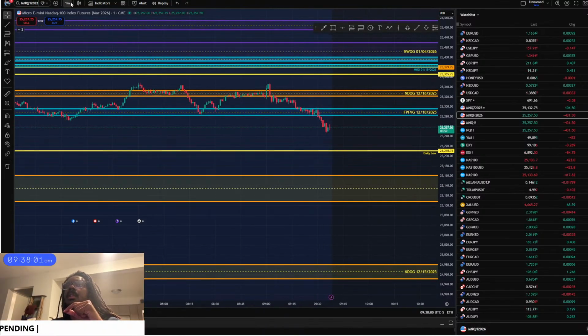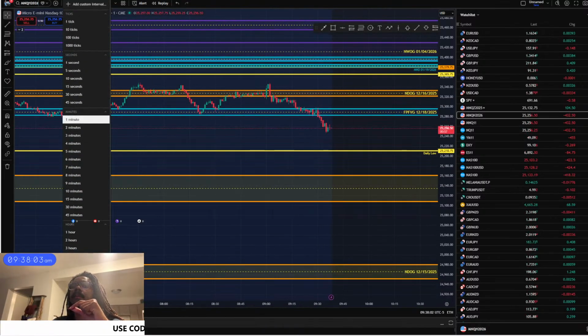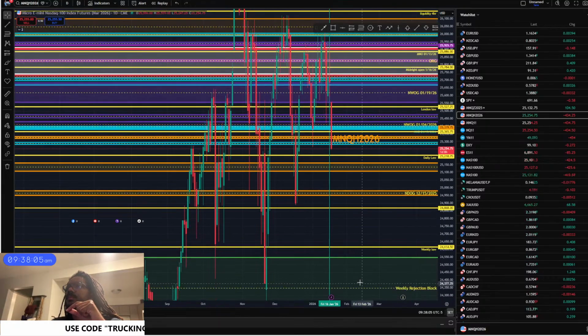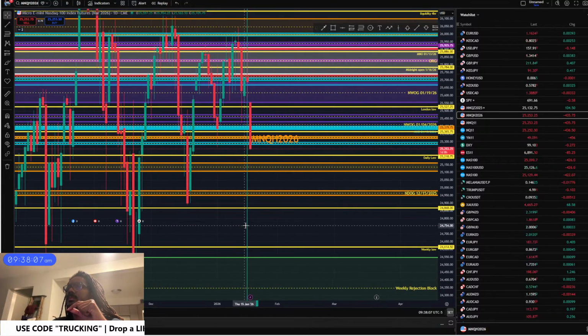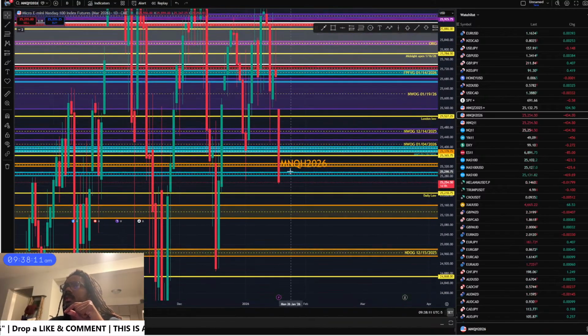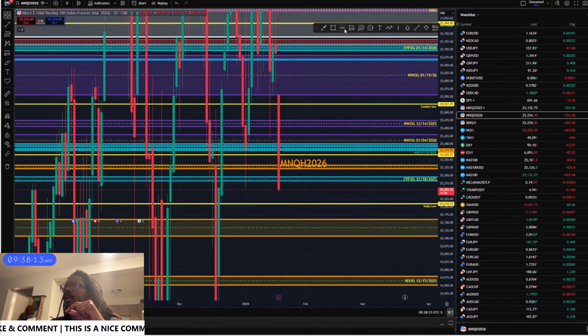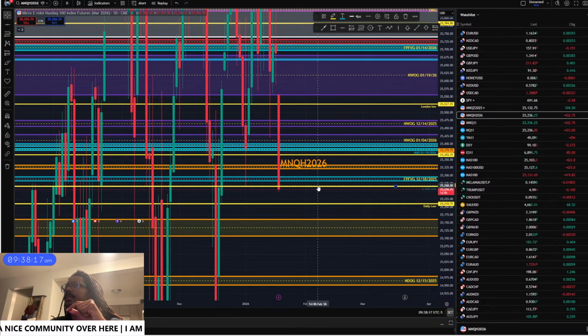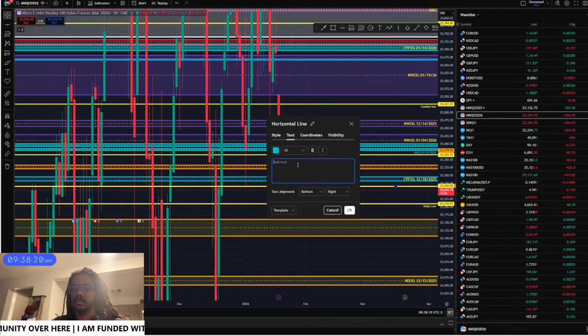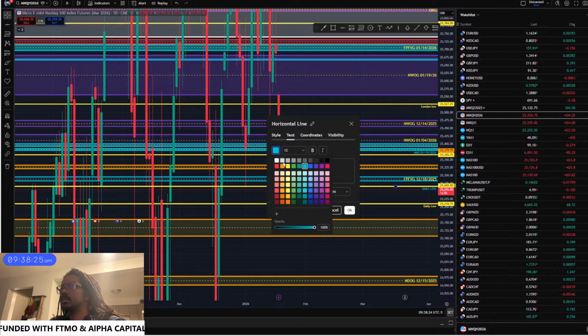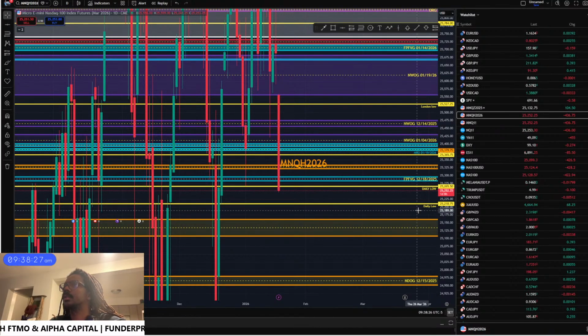So far, we're going to look at the daily chart real quick. All right, so we had some liquidity down here that we were targeting on the daily time frame. So I'm going to mark this out.